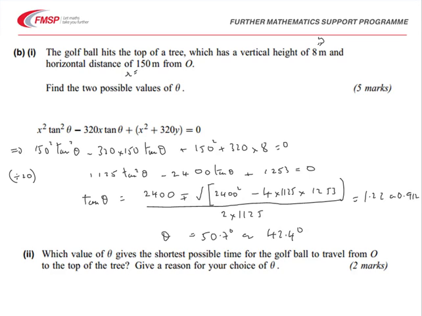We're asked to say which of these gives us the shortest time. Well, if we go back to the first part of the question, the time is equal to x divided by 40 cosine theta. So we want the value of t which is the smallest, which means that cos theta has got to be the greatest.